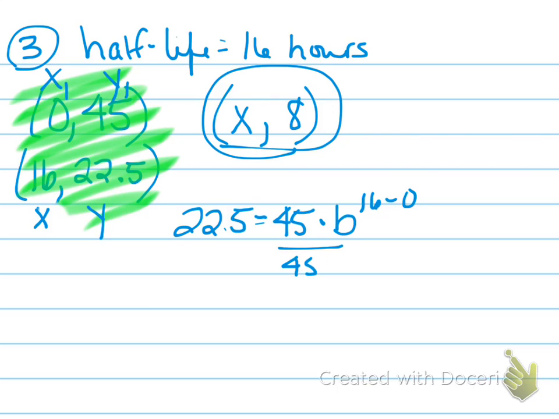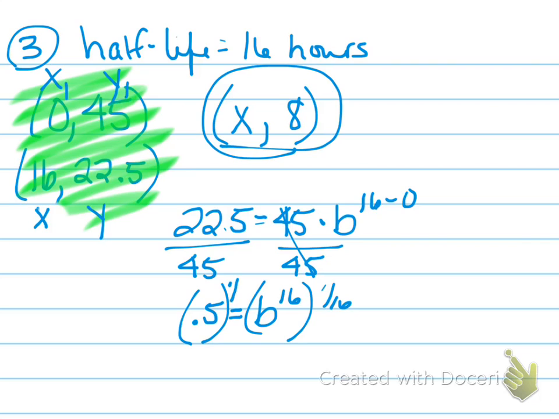Dividing both sides by 45 so that I start to solve for b, I get 0.5 equals b to the 16th power, 16 minus 0 is 16. Then I raise this to the power of 1 over 16, same thing with the other side, 1 over 16, and b equals 0.9576.